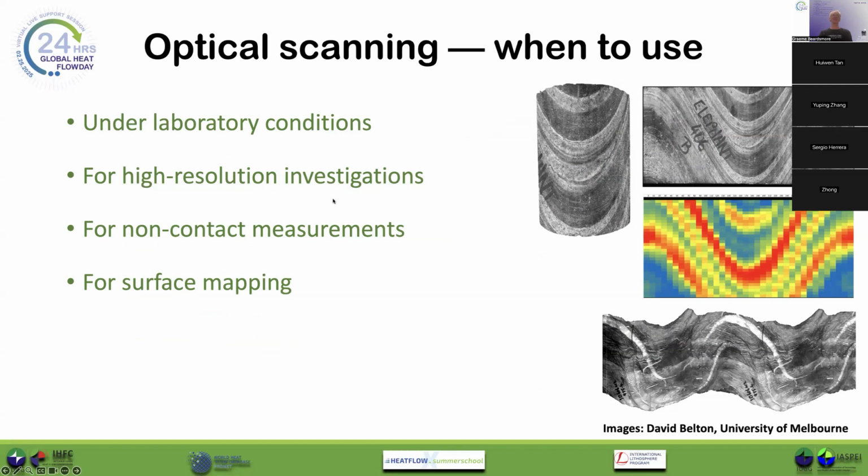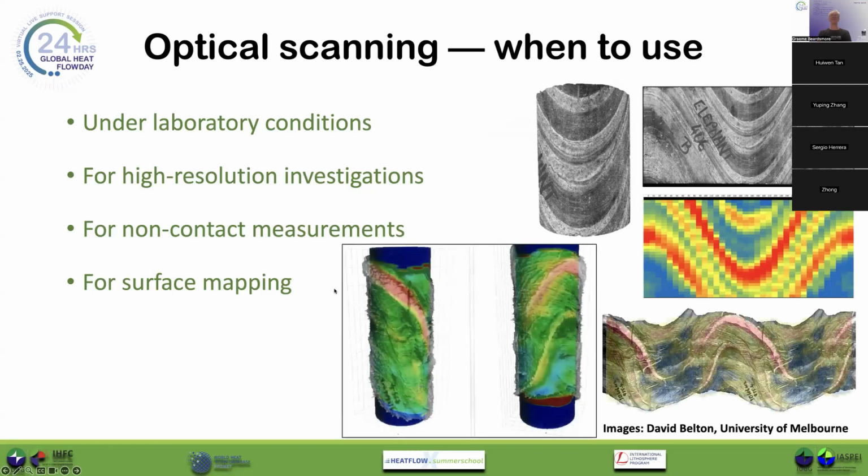So of all the instruments for measuring thermal conductivity, this one is least sensitive to maintaining good thermal contact with the heat source, because the heat source is applied optically, and thermal contact is actually maintained by painting a black strip along the sample to ensure optimum absorption of the heat from the laser onto the sample. So it's very good for surface mapping of thermal properties.